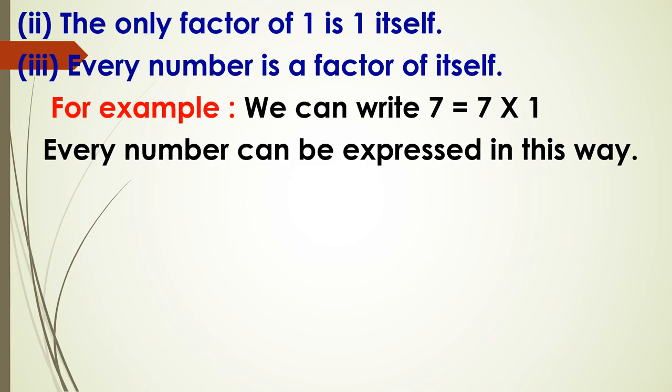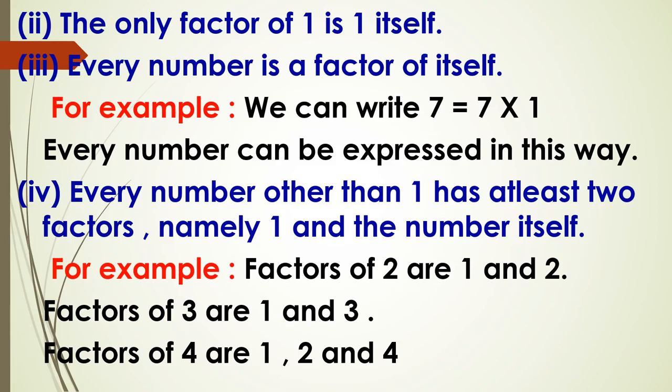Fourth point, every number other than 1 has at least 2 factors, namely 1 and the number itself. At least means kam se kam. More than this is possible, more than 2 factors are possible, but they have at least 2 factors other than 1. We know that 1 has only 1 factor.